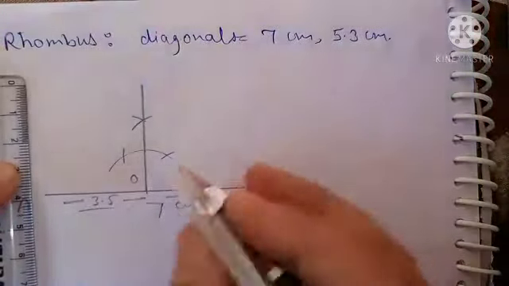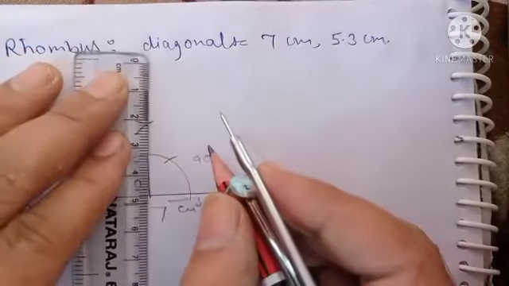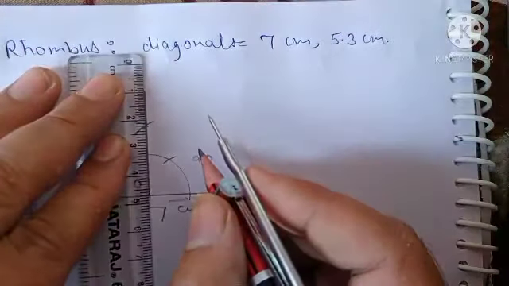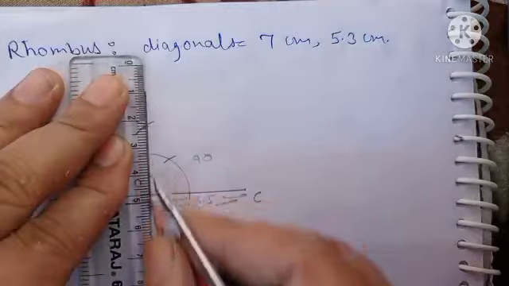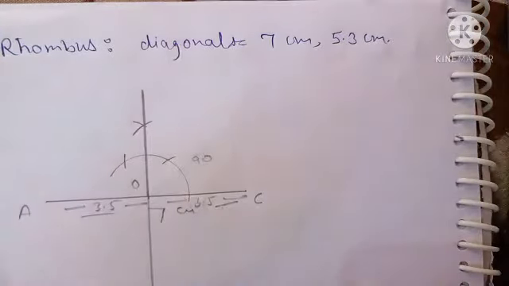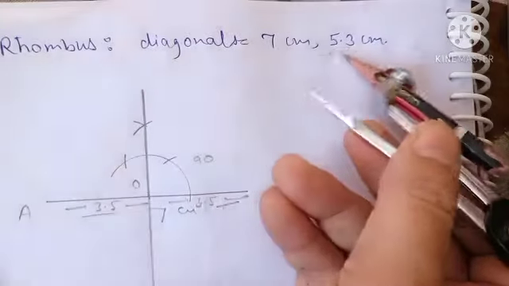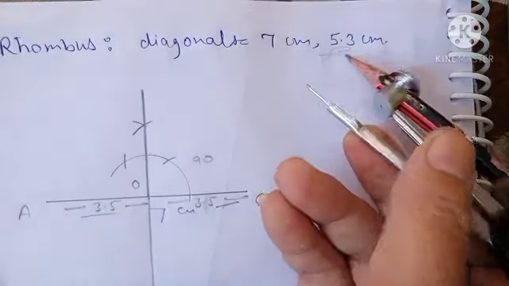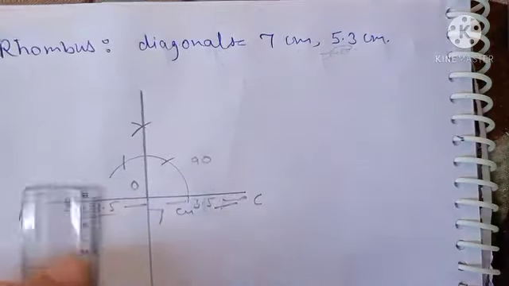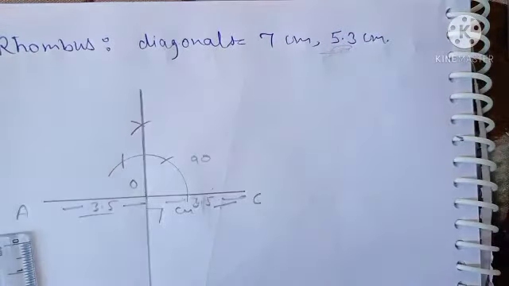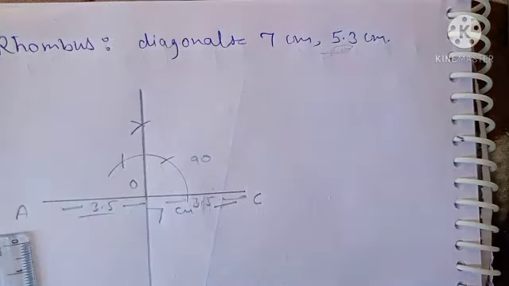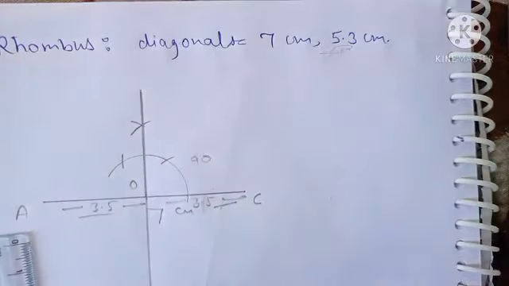Now you can see it is 90 degree angle, and we will extend this line to other side. Now we will cut off. Here you can see the other diagonal is of 5.3 centimeter. So we will take the half of 5.3, so it will be 2.65.